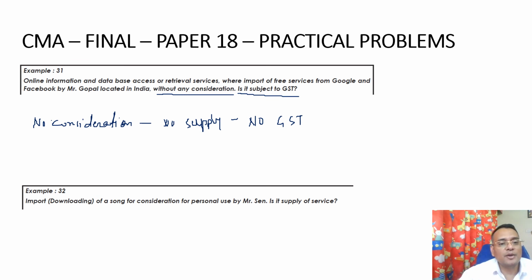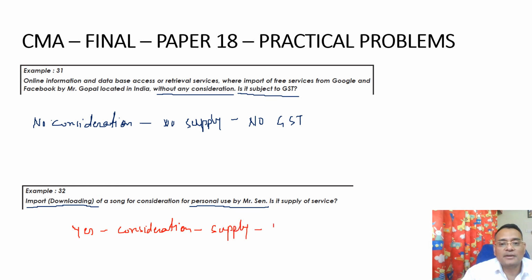Next is import or downloading of a song for consideration for personal use by Mr. Sen. Is it a supply of service? Yes, since there is a consideration, there is a supply, so there is an import, and IGST will be applicable.